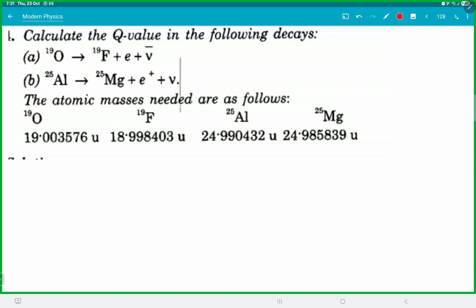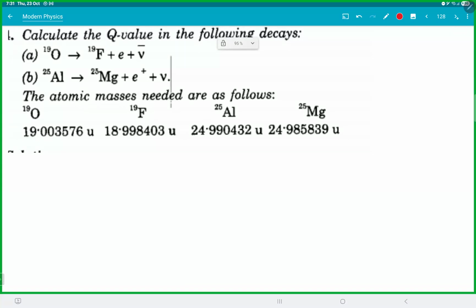Let's see. The thing here is, first thing you need to understand something. What is atomic mass? Just give me a minute.